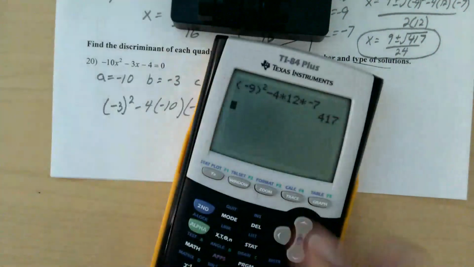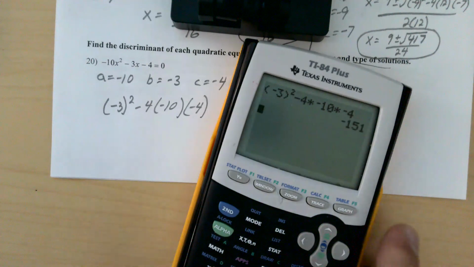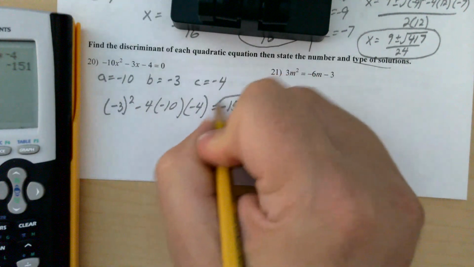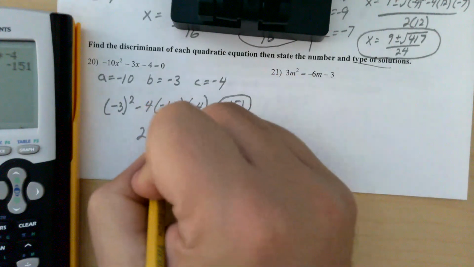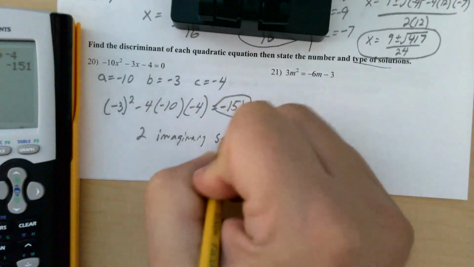Okay, so I have no idea what that is. So let's ask the calculator what negative 3 squared, like that in parentheses, minus 4 times negative 10 times negative 4. It tells me it's a negative 151. Since it's negative, 2 imaginary solutions.